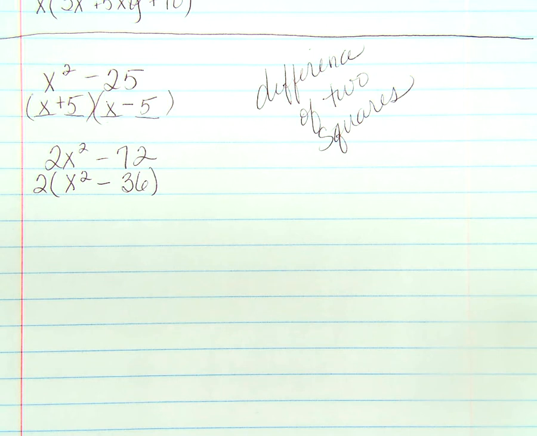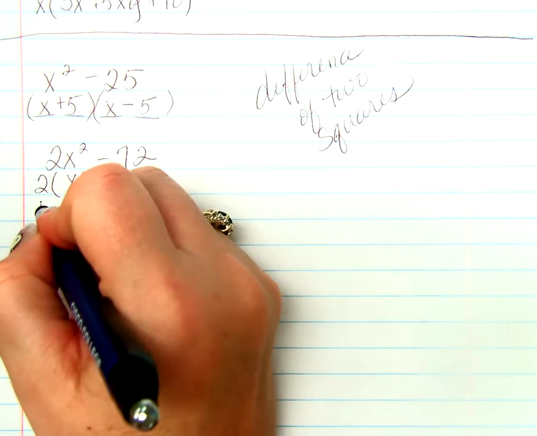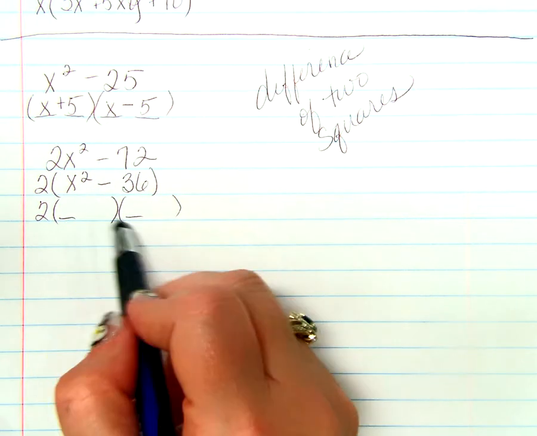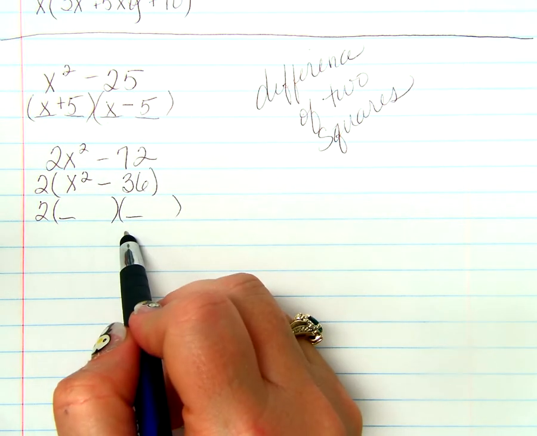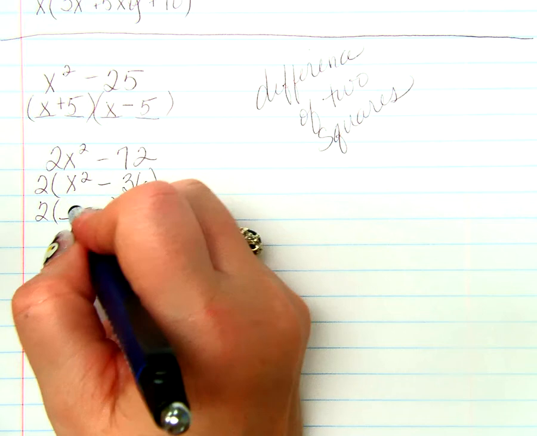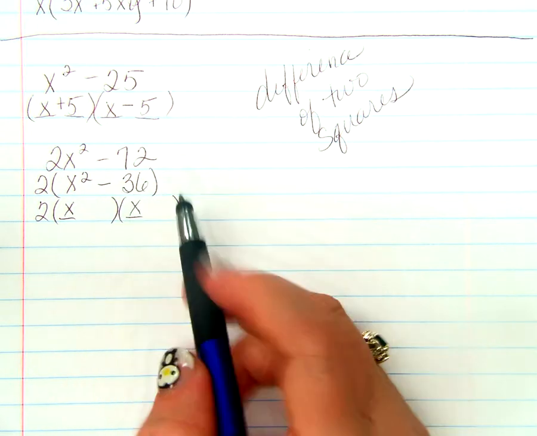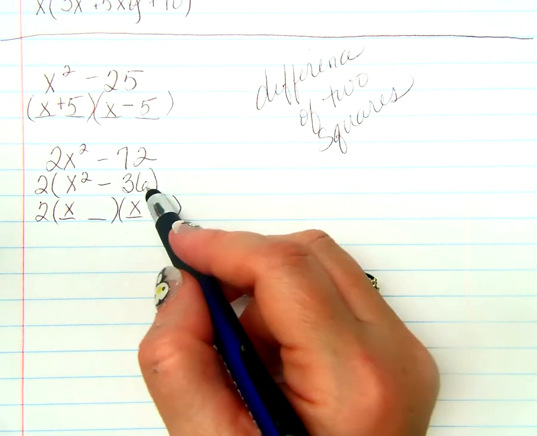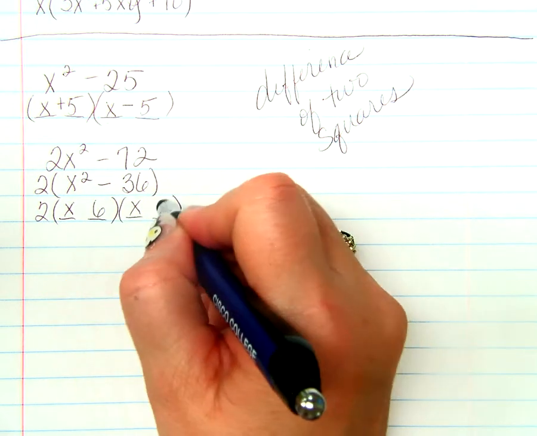Yeah, it is, isn't it? Okay, so from there I can go to my two binomials. What goes at the beginning of each binomial? The square root of that term, which in this case is x. What goes at the end of each binomial? The square root of the second term, which in this case is 6.